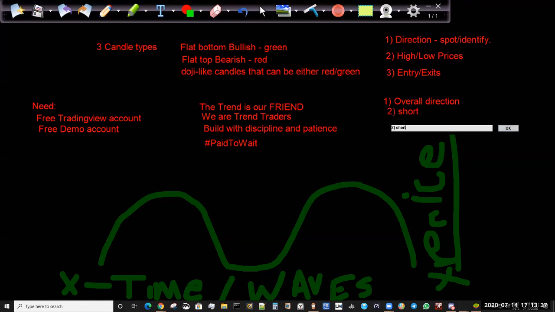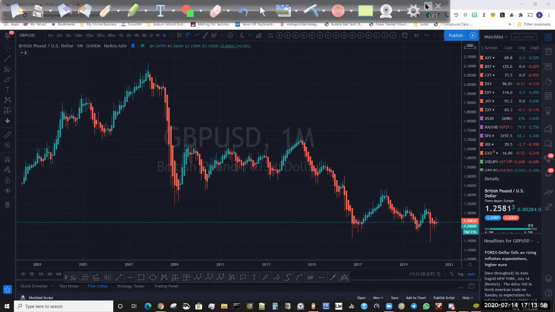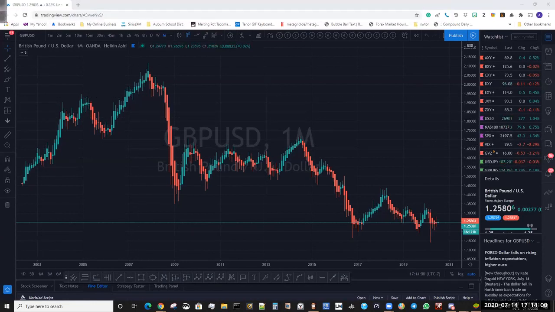You have short-term direction. And you have current direction. All right. Just by looking at our chart here, what is our overall direction?